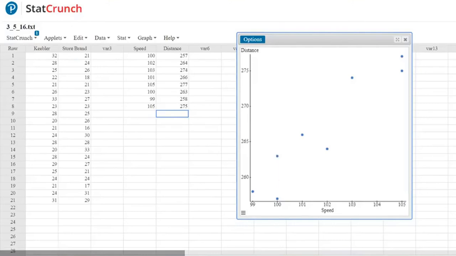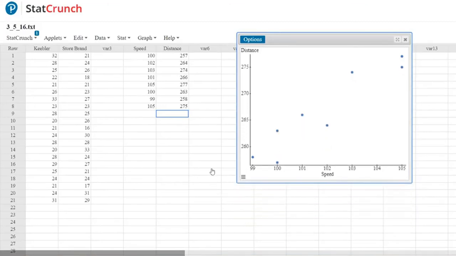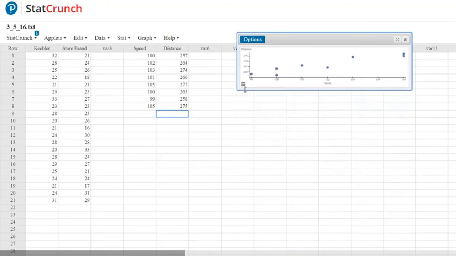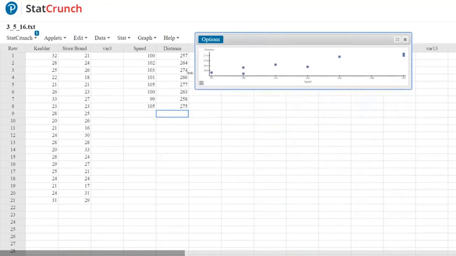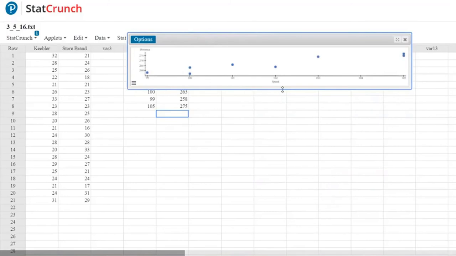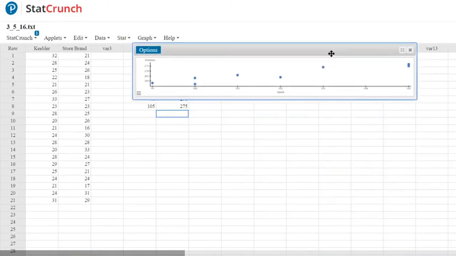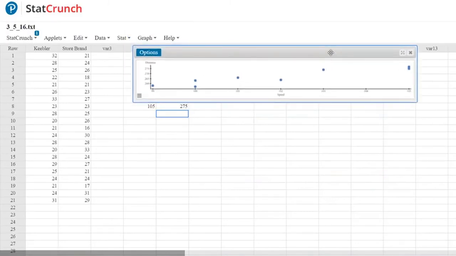For example, if you look at this data here that I'm showing you in StatCrunch, if you look at the scatter plot, I could understand someone's argument that that doesn't look all that linear. Well, look what I can do. If I were to close that up and stretch this out, effectively I am changing the scale of my graph. Would you agree that this new graph right here looks more linear than my original?